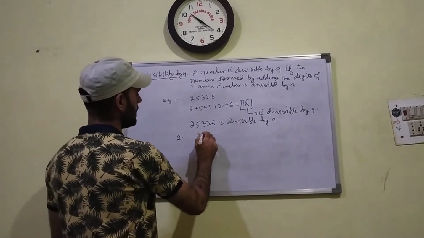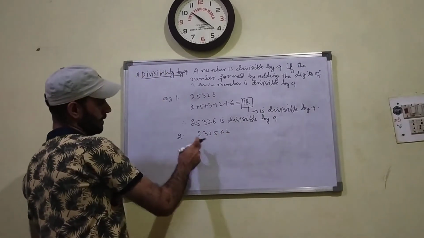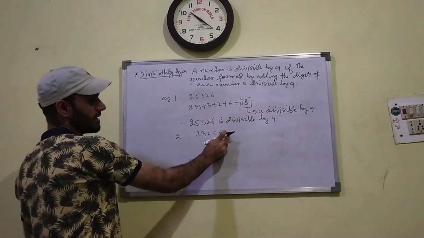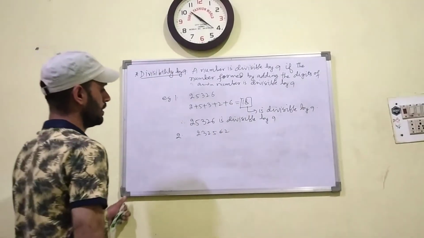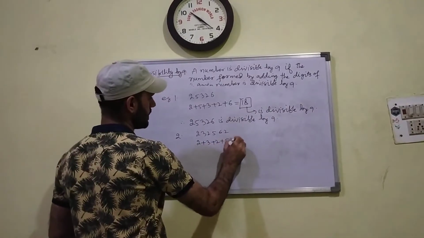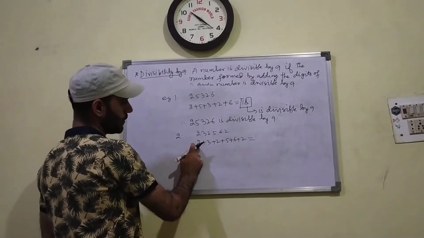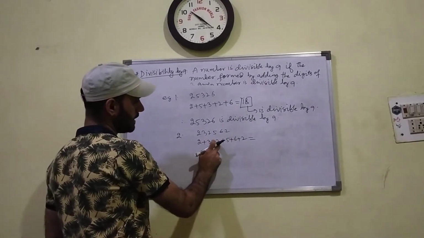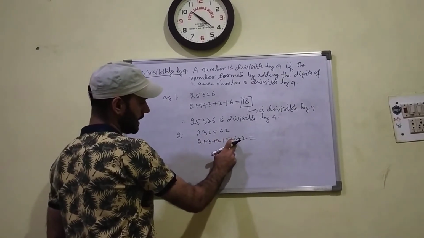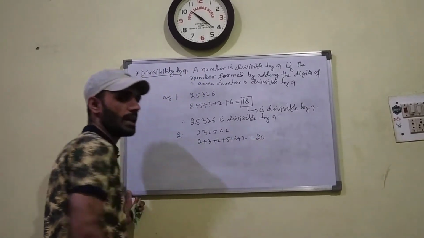Let's take another example. Suppose we have a number 2,32,562. 2 plus 3 plus 2 plus 5 plus 6 plus 2 is equal to 3 and 2 is 5, 5 and 5 is 10, 10 and 2 is 12, 12 and 6 is 18, 18 and 2 is 20. Is 20 divisible by 9?